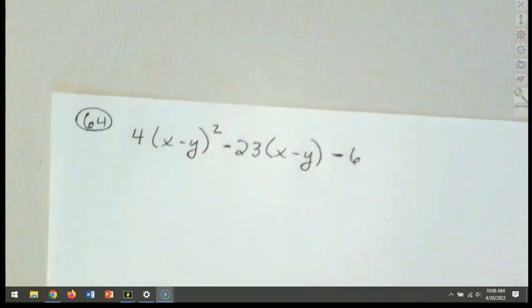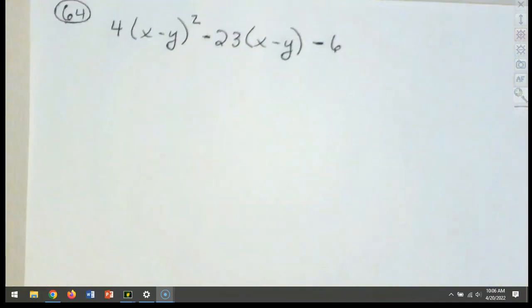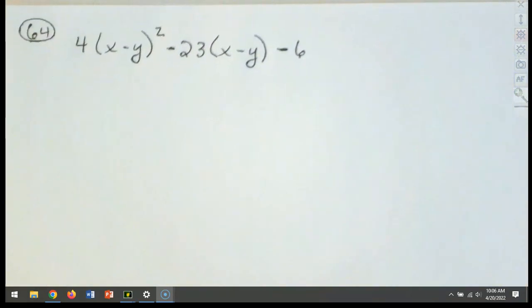Okay, so it doesn't look like anything will factor out. And nothing's going to factor out. And I can tell that because we've got the 4, we've got the 6, and then we've got 23. Well, 23 is an odd number, and it has nothing in common with the 4 and a 6. So nothing's going to factor out of it.